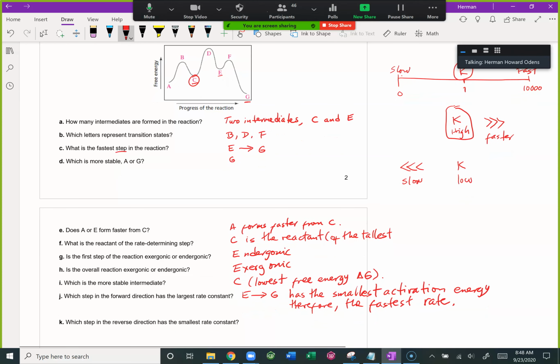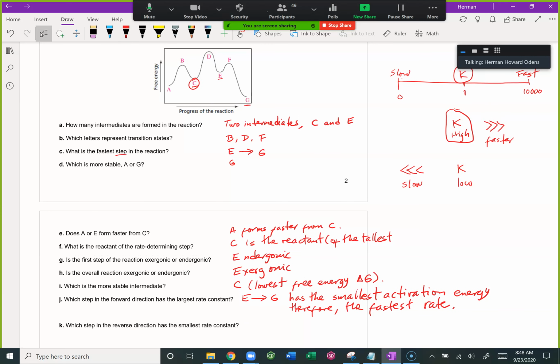So we're putting together all these concepts. Which step in the reverse direction has the smallest rate constant now? Is it A to C?